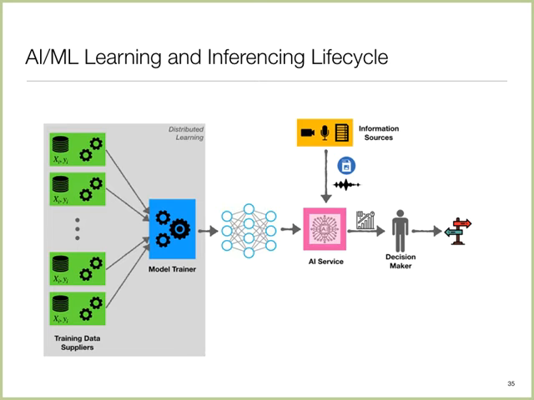Typically there is a model learning phase, and then there is an inferencing phase. If you think of the whole thing as a life cycle, we start out with an initial phase where we collect data from a whole bunch of users, and that's typically labeled training data.